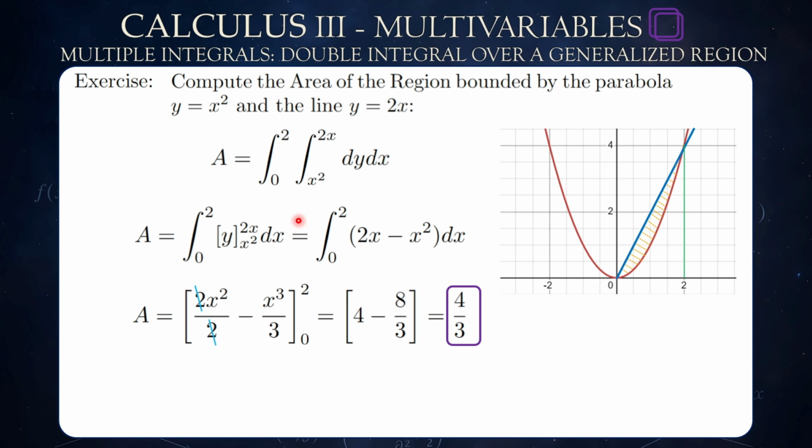Integral from 0 to 2 of (2x minus x squared) dx, which is equal to 2x squared divided by 2 minus x cubed divided by 3 between 2 and 0, which is equal to 4 minus 2 to the power of 3 divided by 3, which is 4 minus 8 over 3. For the second bound, it is 0. If you place 0 back here, you get nothing. Okay, it is 0. So the final result is 4 divided by 3.